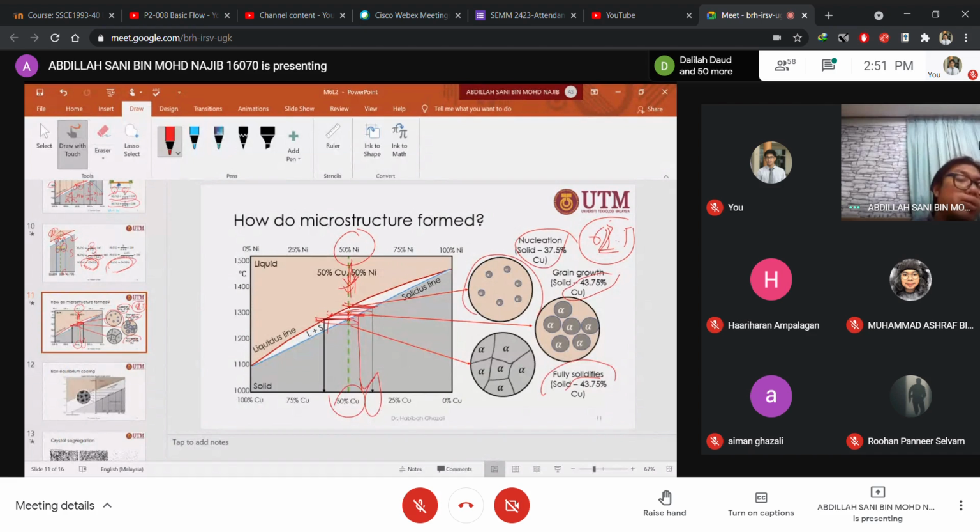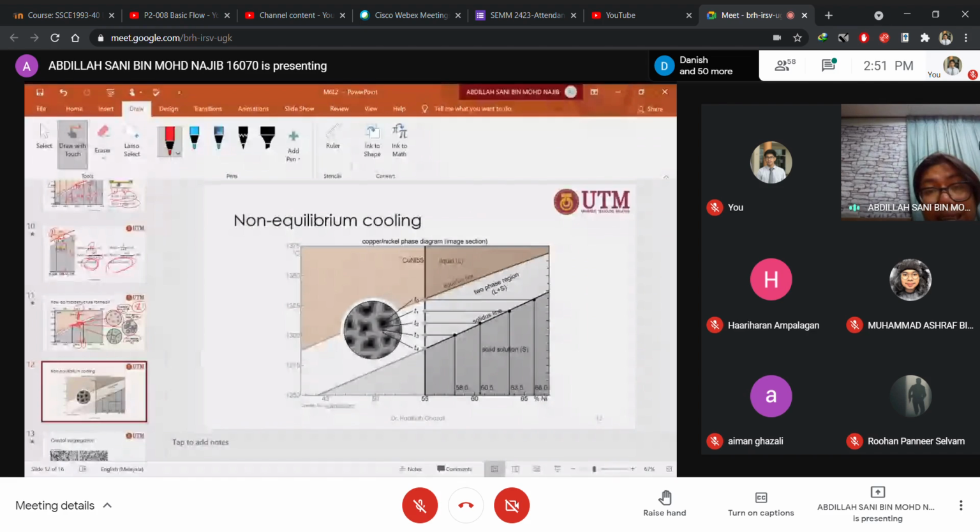So to illustrate that, this is what actually happened. What really happened? It looks like this. It has a contour, because the composition is changing every time the temperature changes, and there will be a difference in composition.